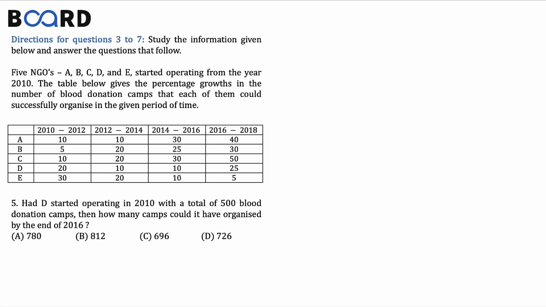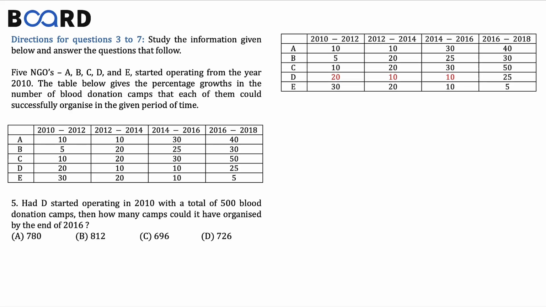Then how many camps could it have organized by the end of 2016? So which is the data they are interested in? D started in 2010, ended in 2016. So 10 to 12, 12 to 14, 14 to 16. These are the three pieces of information in the table that we are interested in.